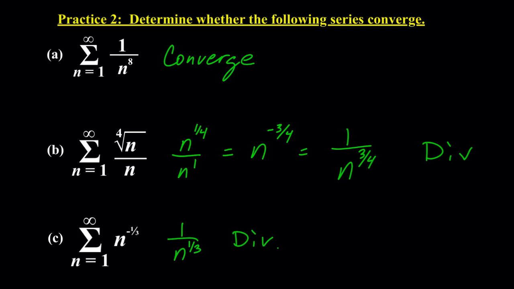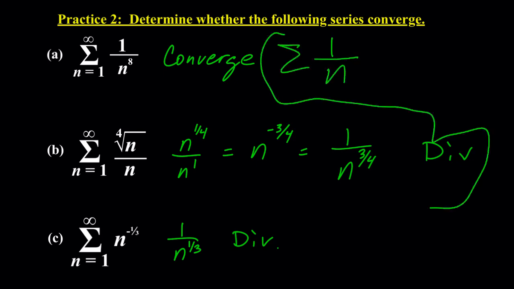Now, when you have 1 over n going from n equals, and I'll just put from 1 to infinity, it doesn't really matter what this right here is. If the exponent right here is a 1, this will not converge, this will diverge.